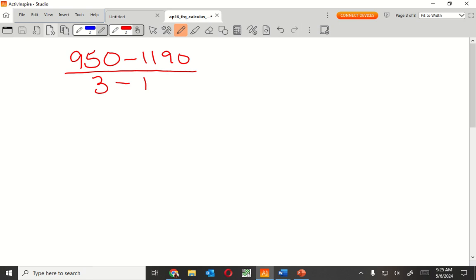And that is 950 minus 1190, negative 240, over 2. You guys got calculators, so please move forward, right? Okay, so it's negative 120.